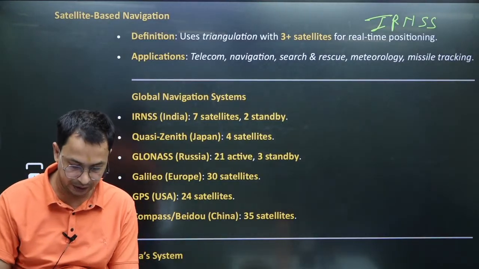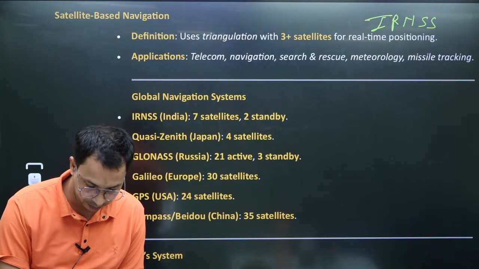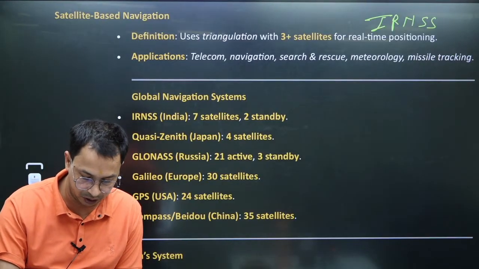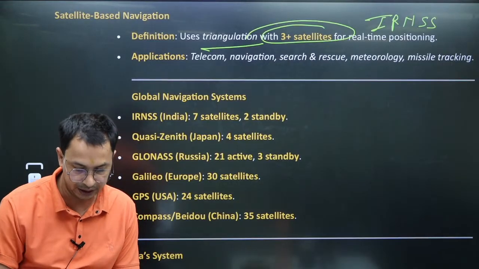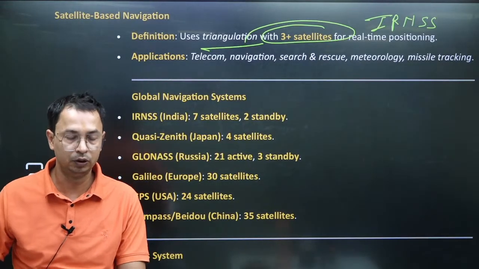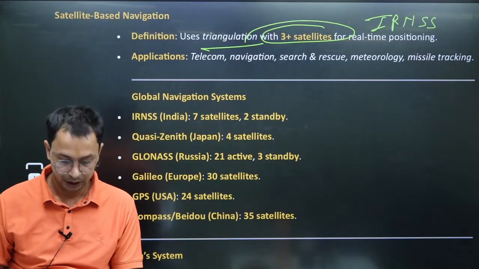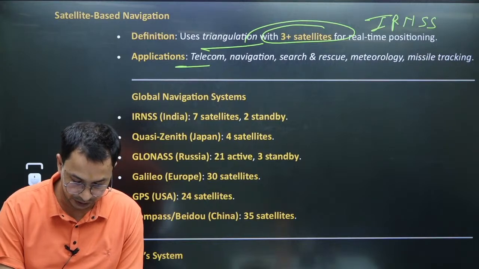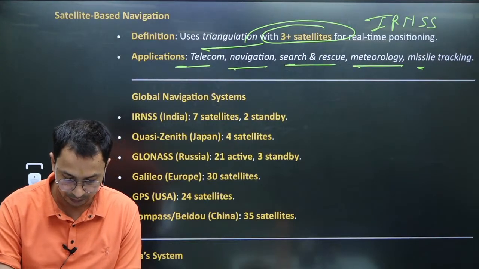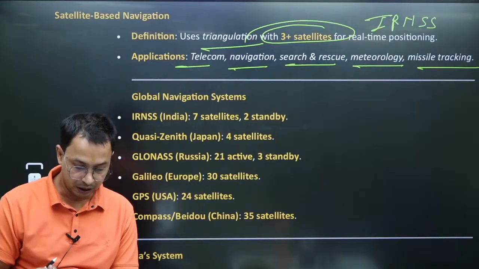So IRNSS, this satellite based navigation, works on the model of triangulation. It means we will need at least 3 satellites to have the accurate position of a person or a thing, and the applications of the navigation satellites are telecom, navigation, search and rescue, meteorology and missile tracking technology.